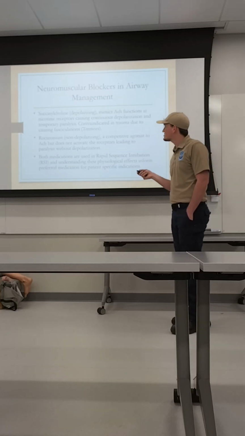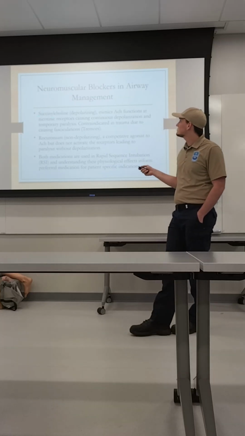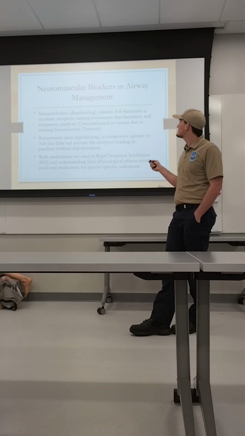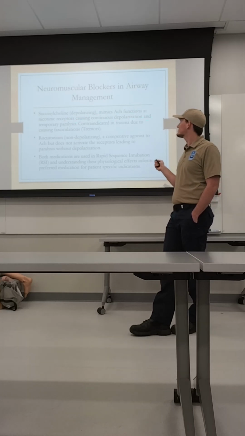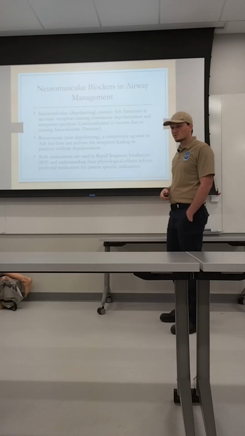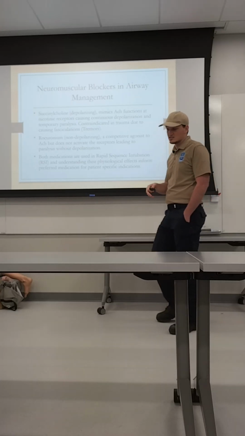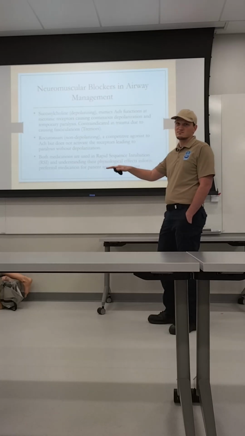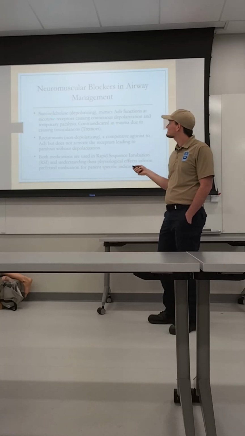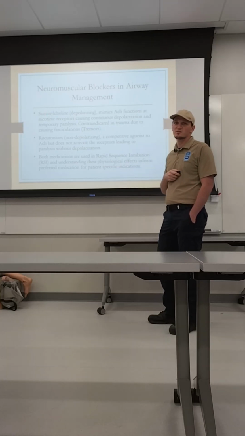Our other cholinergic agent here is succinylcholine. It's going to mimic ACh's function at the N receptors, causing continuous depolarization and temporary paralysis. So it hops right into those N receptors and just sends them off. Constant activity. Succinylcholine is also much slower to break down.